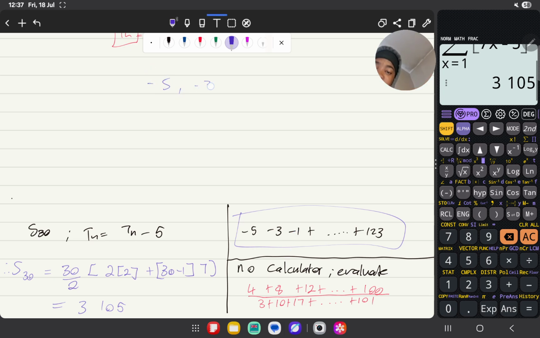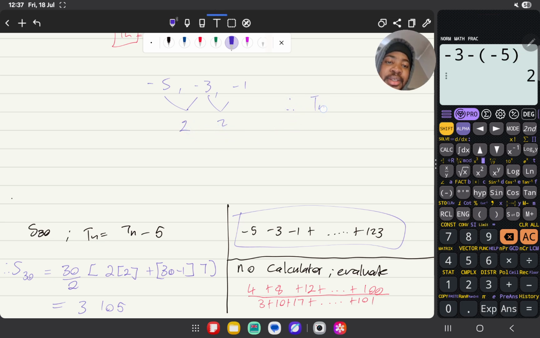Minus 5, minus 3, minus 1. We just need these two, right, just to find the common difference. Minus 1 minus minus 3, that is 2. Then minus 3 minus minus 5, that is 2, right? So therefore Tn equals a plus n minus 1 d.